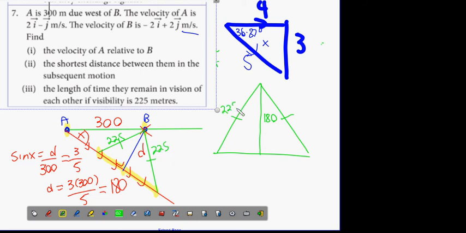So I'm going to use Pythagoras' theorem to find out the length of here to here. I would call it x. X squared equals 225 squared minus 180 squared. Will anybody tell me what that is square rooted? 225 squared minus 180 squared, square root the answer. Anybody have a calculator?